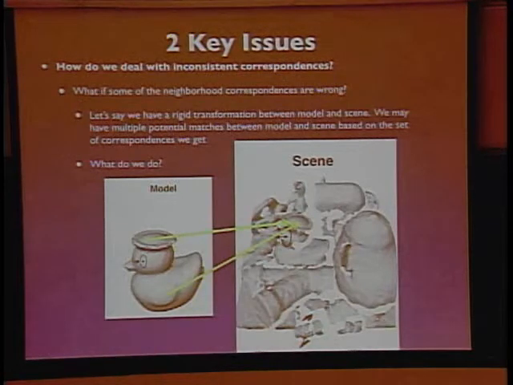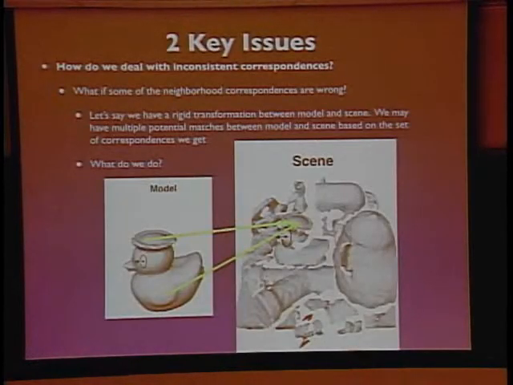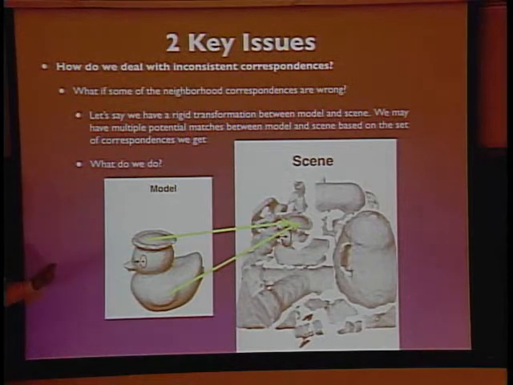There are basically two key issues that come into play. One of them is scaling up, which is that your computation time grows polynomially with the number of neighborhoods and the number of models. And the other issue is that the way I've put it to you, every comparison of a local neighborhood on the model to a neighborhood on the scene is done independently of the other.